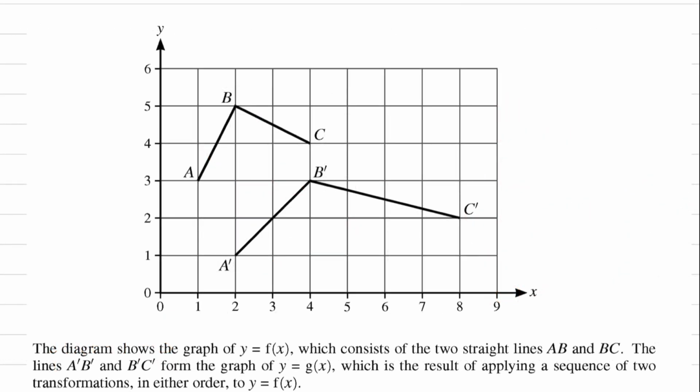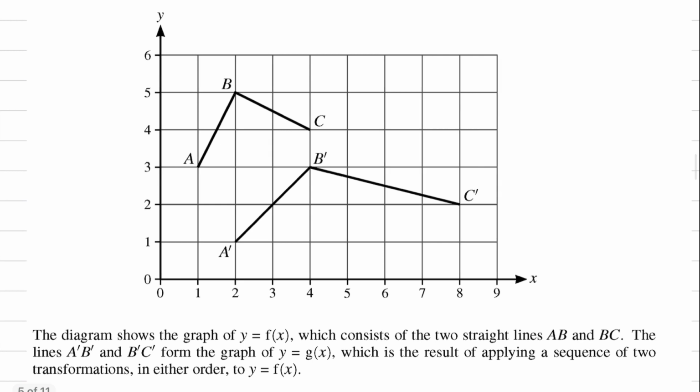Hello guys, let's look at the second question. We have the diagram shows the graph of y equals f(x), which consists of the two straight lines AB and BC. The lines A dash B dash and B dash C dash form the graph of y equals g(x), which is the result of applying a sequence of two transformations in either order to y equals f(x).